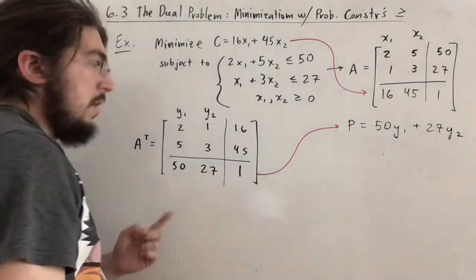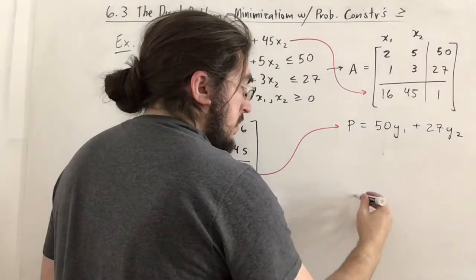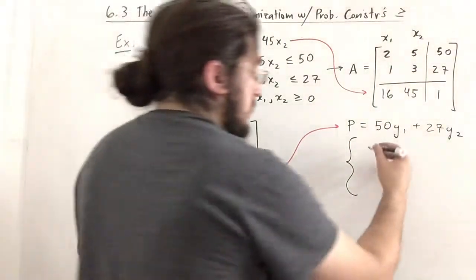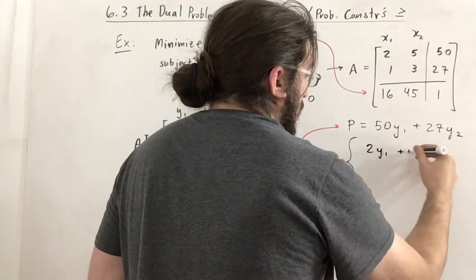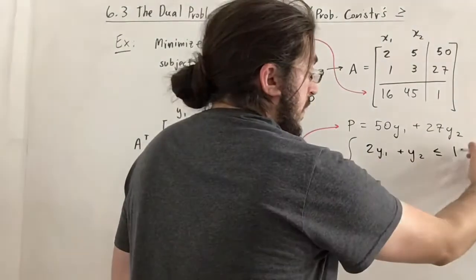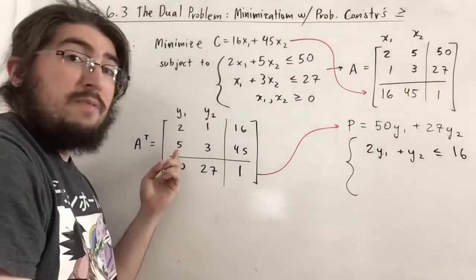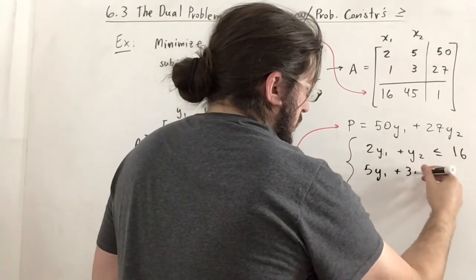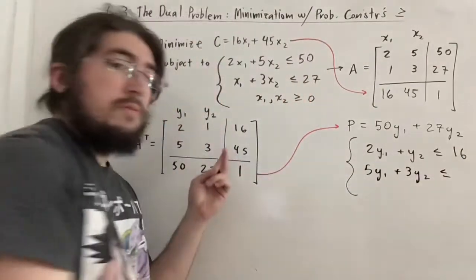Our constraints will be 2y1 plus y2 less than or equal to 16, 5y1 plus 3y2 less than or equal to 45.